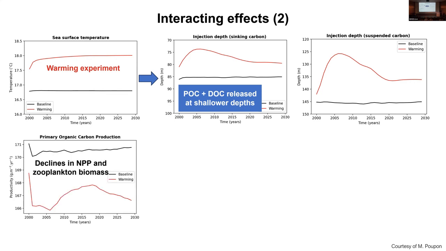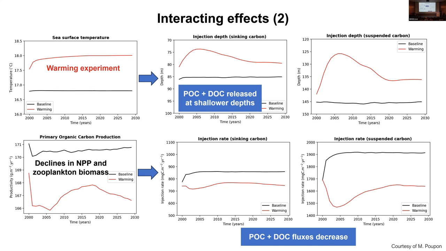And then the declines in NPP and associated zooplankton biomass also result in declines in both particulate and dissolved fluxes. This is about 5% or so total. So not huge, but still quite significant.